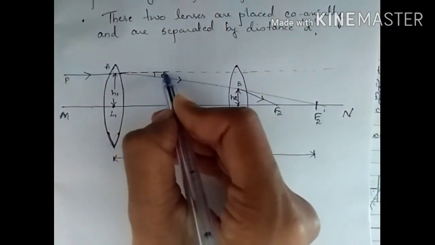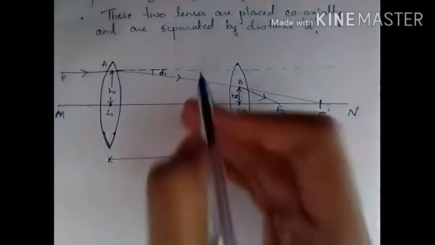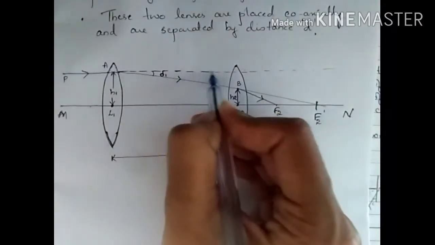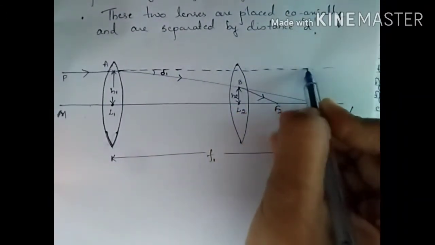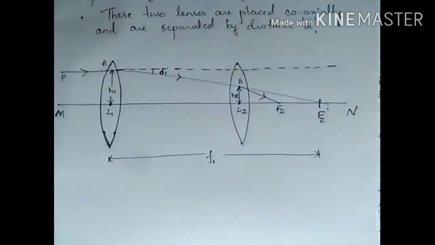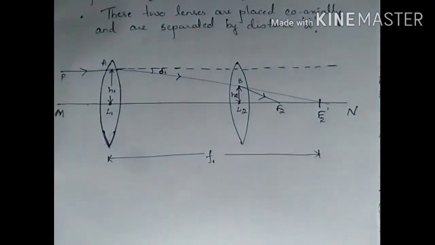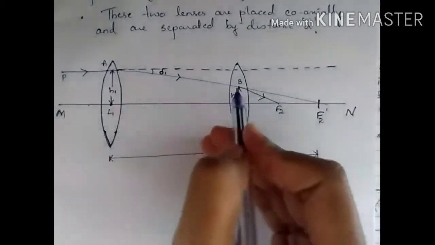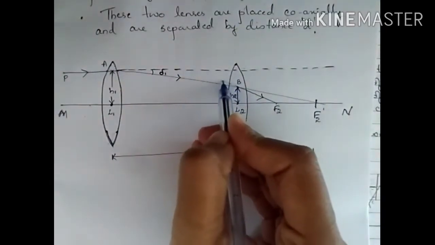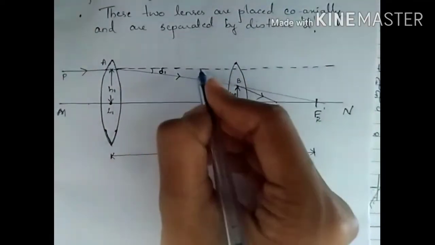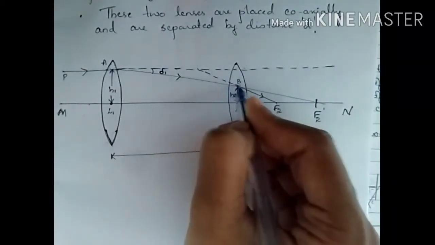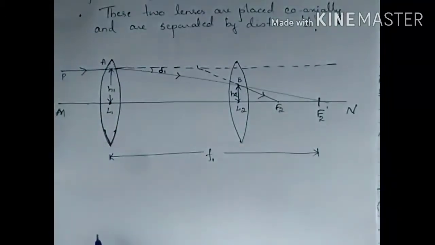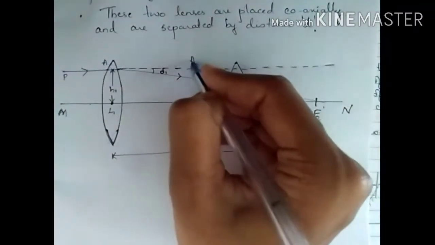The angle between the incident ray and the refracted ray gives the angle of deviation. Let this be delta 1. Delta 1 is the angle of deviation for the incident ray PA. Now if you extend this refracted ray, it falls here, at point A2.